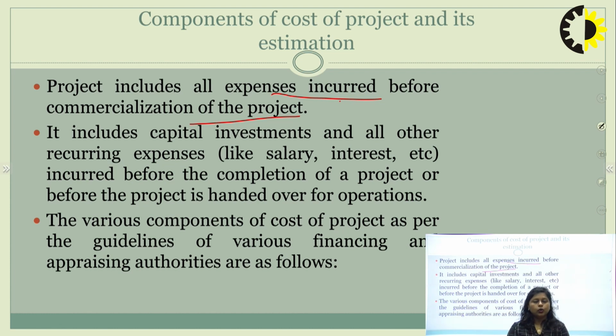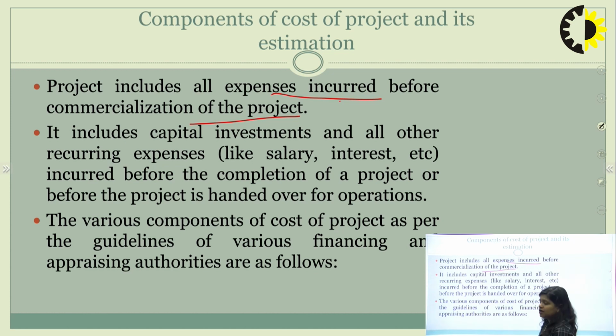So the total costs involved in the various phases of the life cycle of the project, we need to estimate that cost. That comes to the total expenses incurred for the commercialization of the project. Now we need to find out what the various expenses are which lead to the total commercialization of the project.